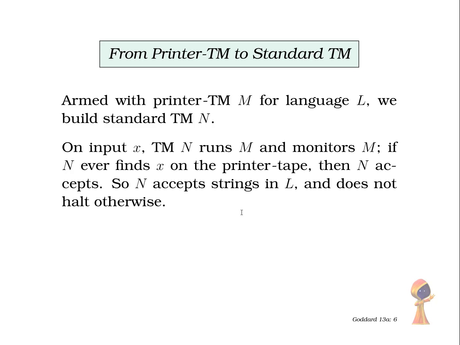So N accepts the strings in L and does not halt otherwise. It is going to accept all the strings which are in L, because when it finds one written on the printer tape, it can halt. So this goes one way.